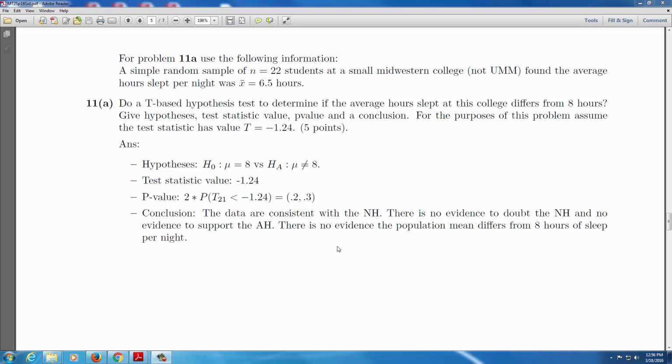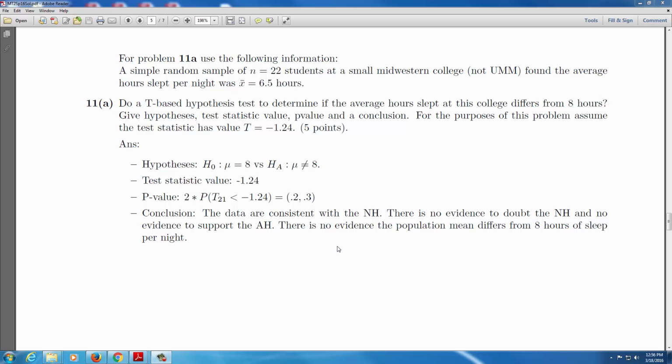A lot of people got into trouble on this question by concluding that this supported the null hypothesis somehow, or we had evidence against the alternative. All of those things are just terrible things to say. I've never ever said that in any problem, any notes. That's a fundamental misunderstanding that will continue to haunt you if you don't get it cleared up.